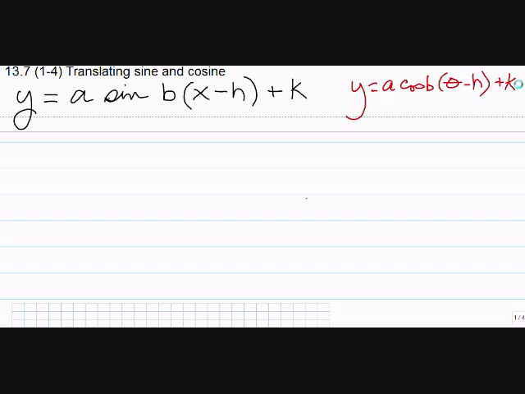Okay, let's regroup here. The absolute value of the A is the amplitude. B tells you how many cycles there are between 0 and 2 pi.